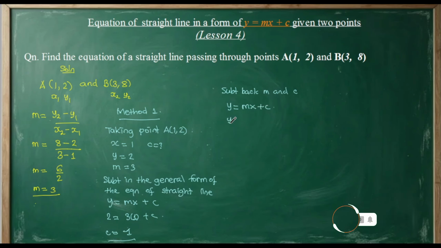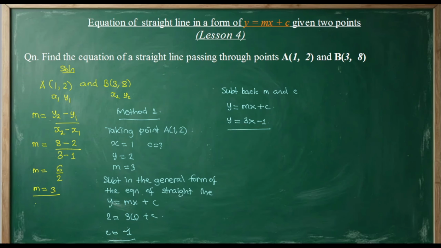So we leave y and we substitute m, that is 3. Then we also maintain x and we substitute back c, that is negative 1. And that is the equation of the straight line using method number 1.